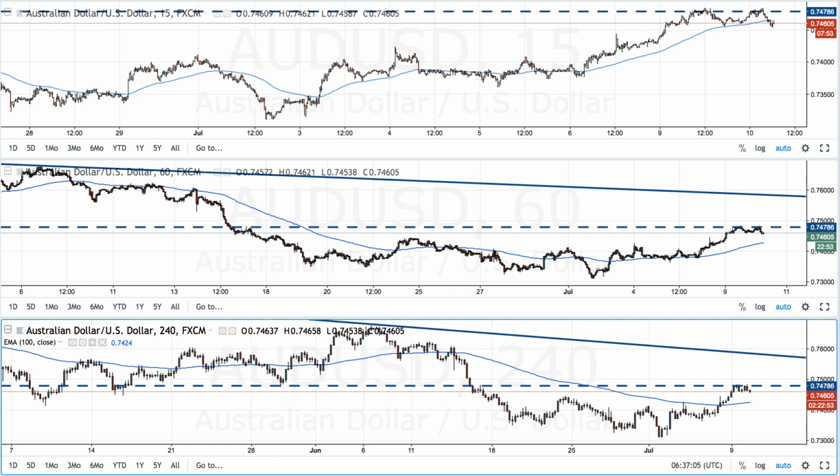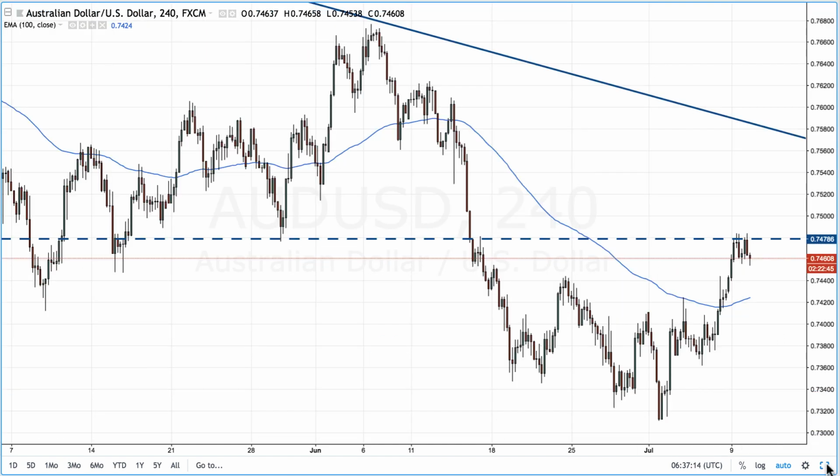Anyway, let's start by looking at the Australian dollar. Now, the Australian dollar is looking very interesting. If we look at it from a longer term perspective, we zoom into the 4-hour chart here, we can see that the market is playing with this previous level of support, which is now acting as resistance. And it looks like it could be looking to break down from here.